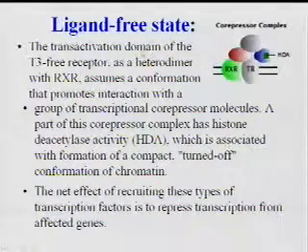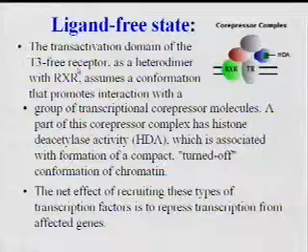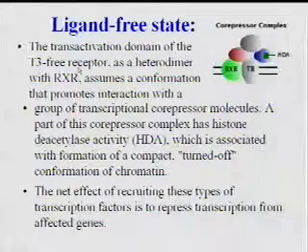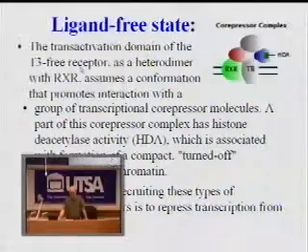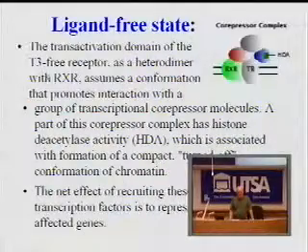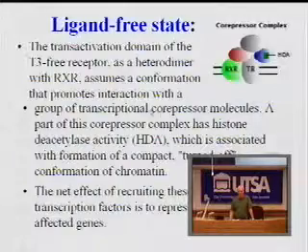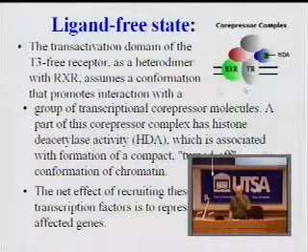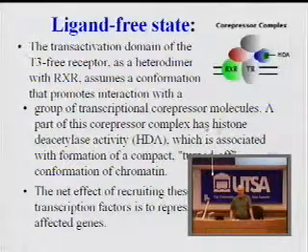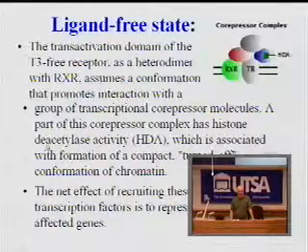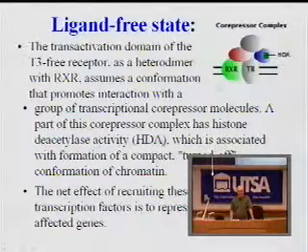The T3-free receptor, as a heterodimer with RXR, assumes a conformation that promotes interaction with a group of transcriptional co-repressor molecules. A part of this co-repressor complex has histone deacetylase activity, or HDA.